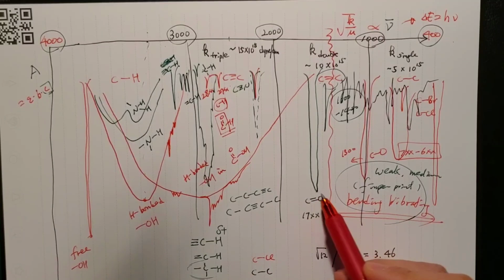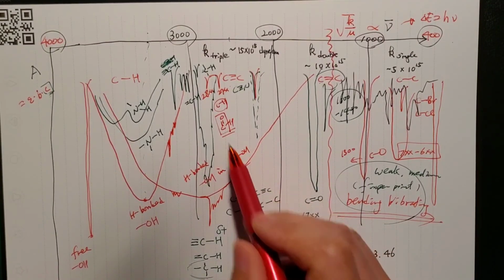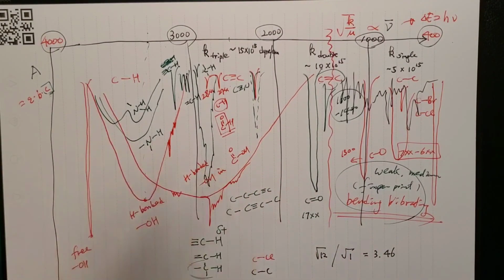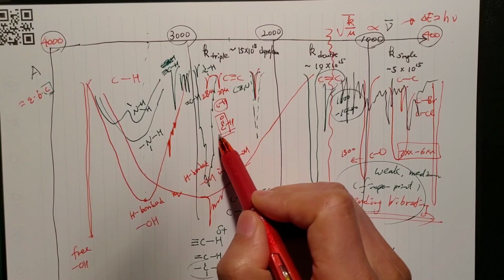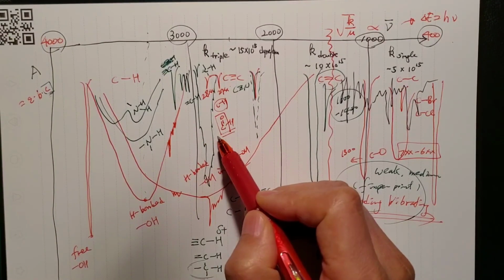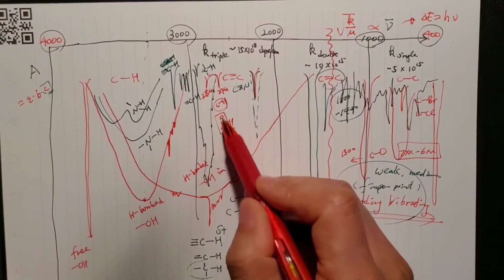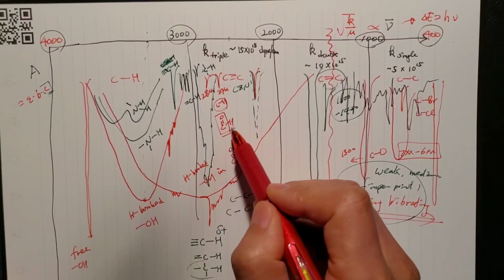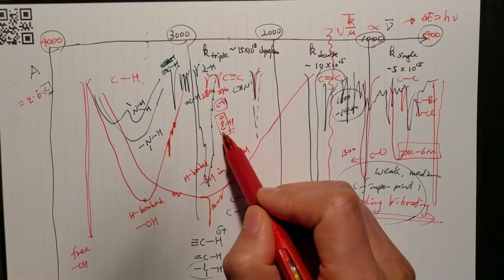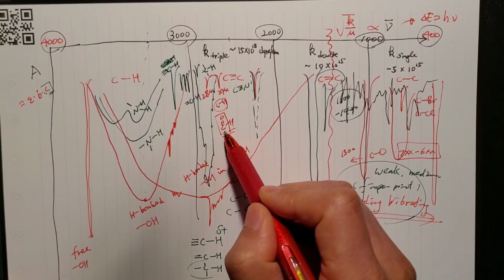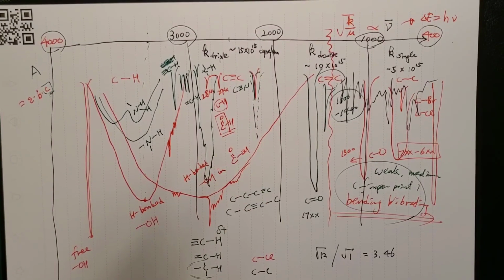Then you can find the CO, then you know you have an aldehyde. If you don't see it, then that's not an aldehyde. You can check the presence of the carbonyl or aldehyde with the HNMR, the carbon 13 NMR, or the UV spec. You can confirm it.